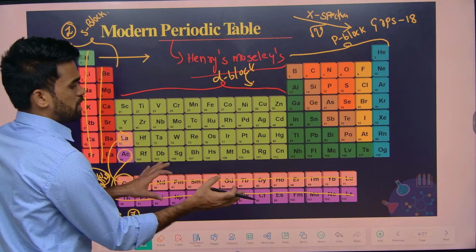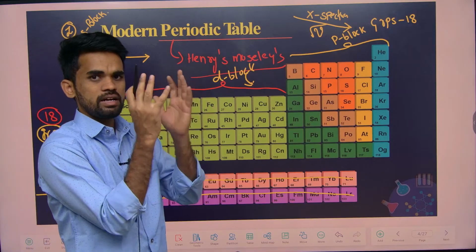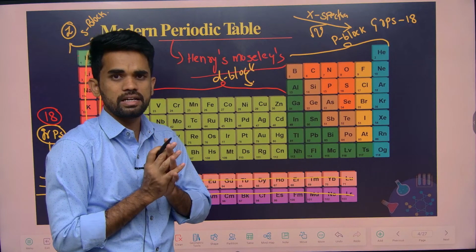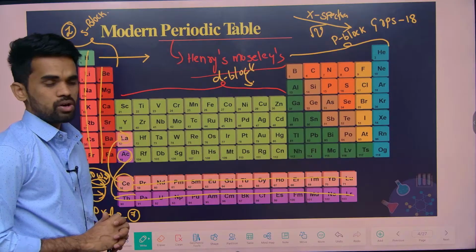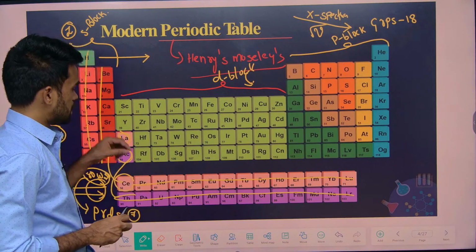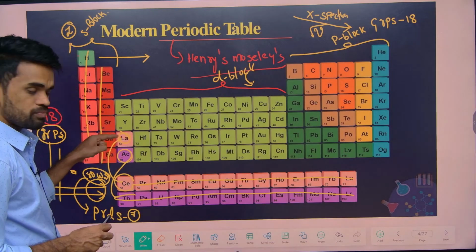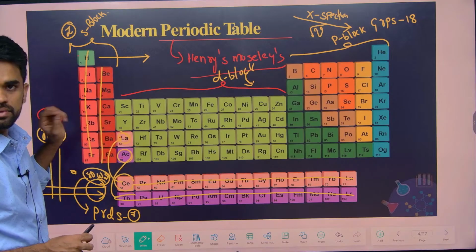But if we place all the elements there, the periodic table looks very clumsy and unsymmetric. So that is the reason they just mentioned them at the bottom of the table. But what you need to understand is that all these 2 rows of elements lie at these positions only. Like the same color is there, so in that same color you fix them. That's it.